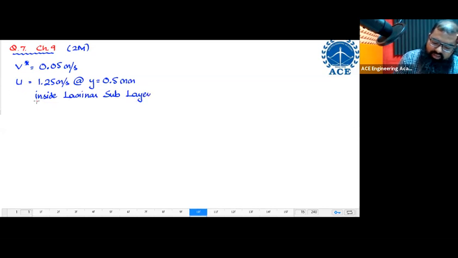This inside laminar sublayer part is very important.